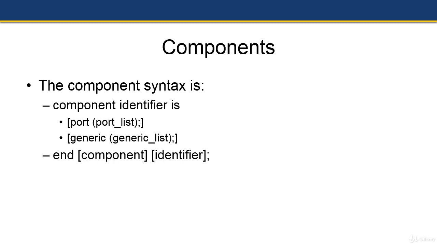Here's the syntax of a component declaration: component, then identifier, followed by a port list and a generic list, followed by the end statement and component identifier. The component declaration is made within the declarative part of an architecture, whose syntax is very similar to that of the entity.